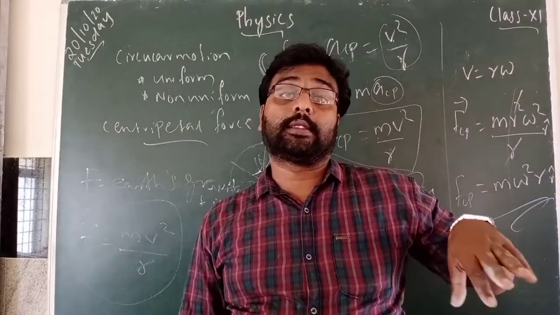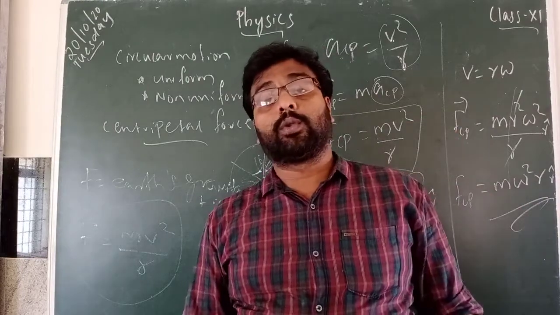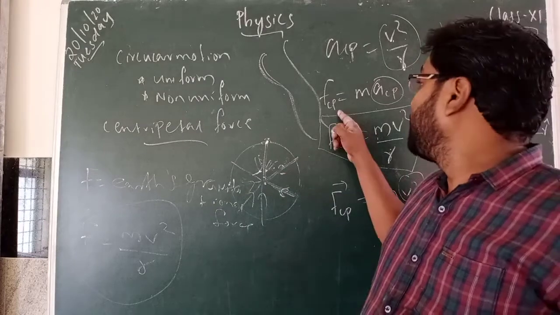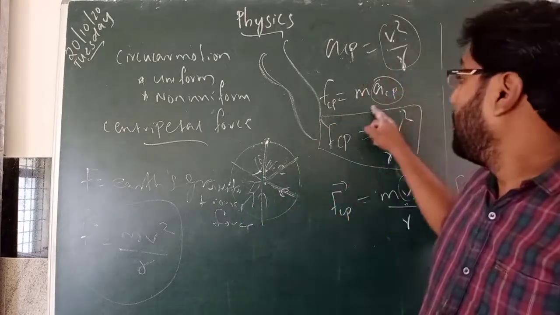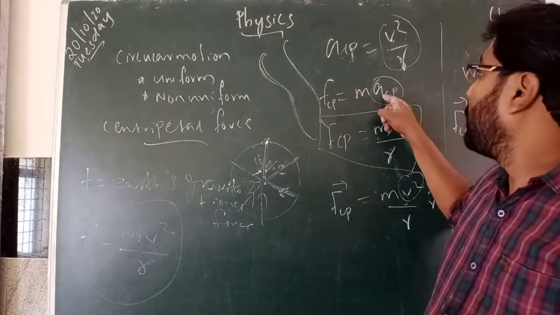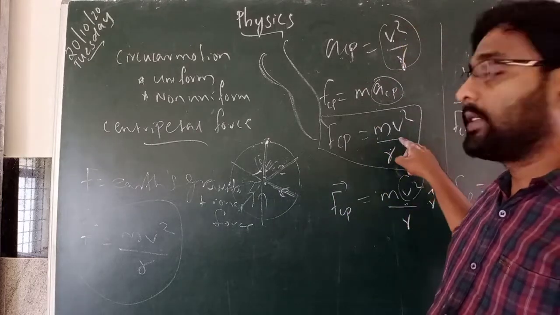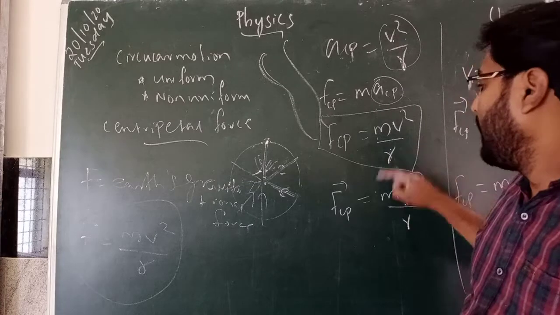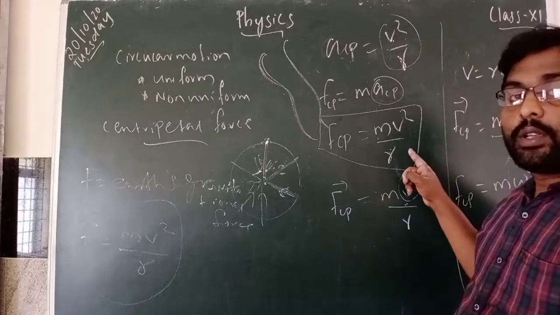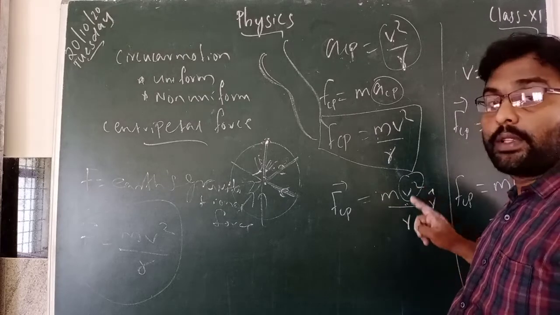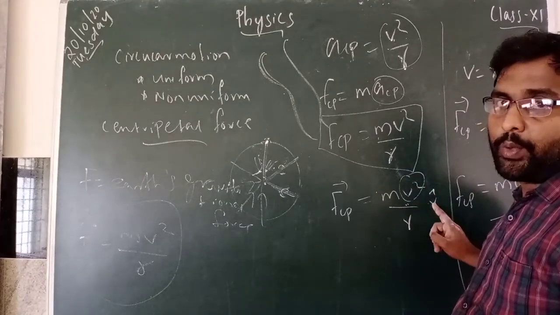If we analyze this motion using Newton's law, F is equal to ma, so Fc is equal to ma. Instead of a, substitute v square by r, so Fc is equal to mv square by r. In vector notation, F is equal to mv square by r, r cap.